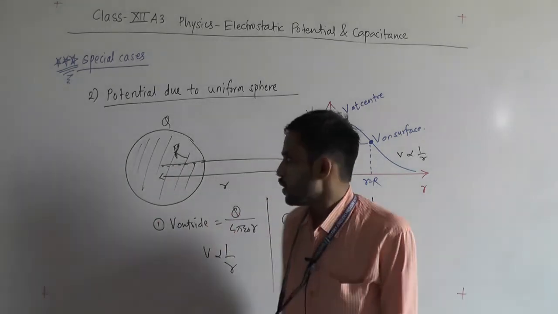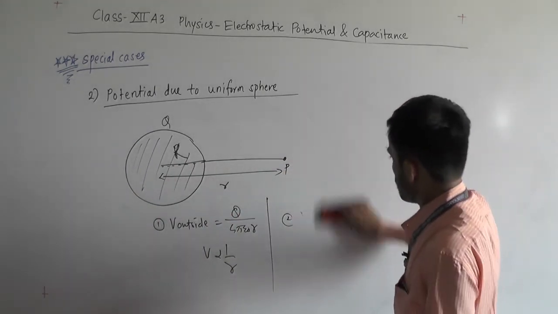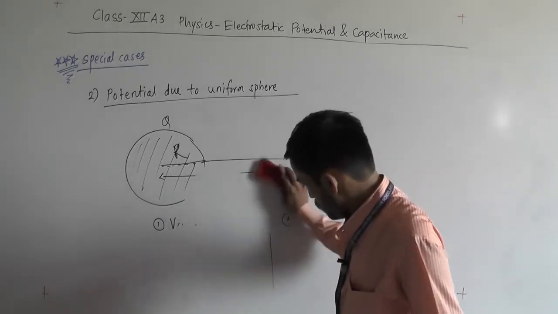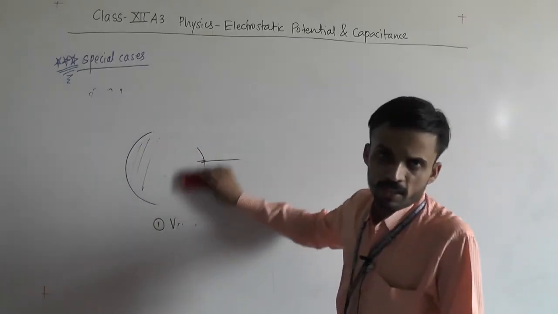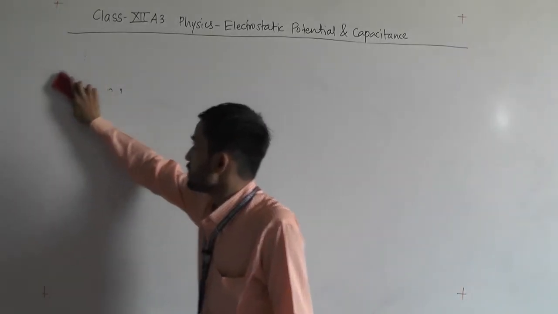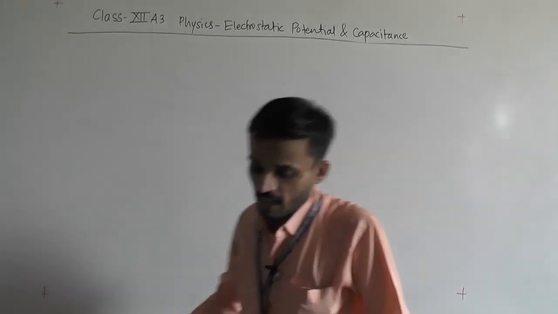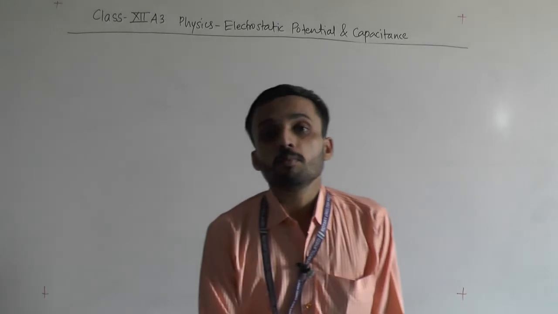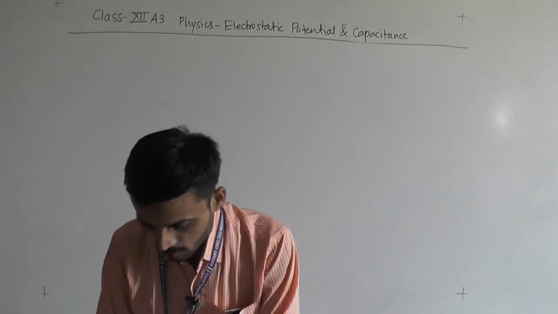Okay beta. So my dear students, in this way we have completed everything about potential: potential of single charge, potential of multiple charges. Next, potential energy of single charge, potential energy of multiple charges.